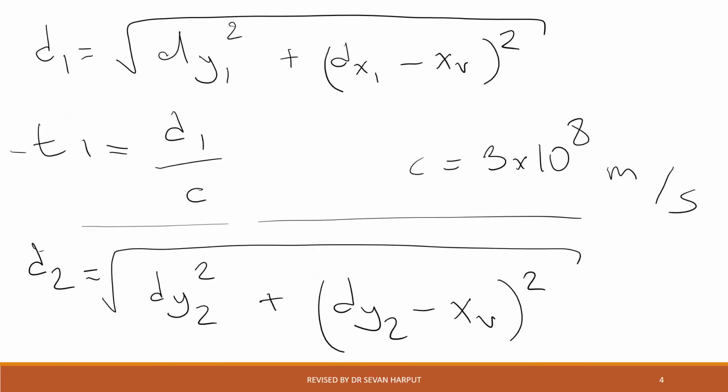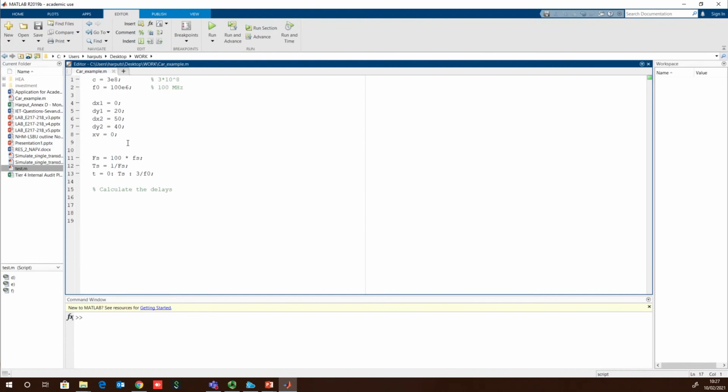I will just write down this equation exactly here. This should be straightforward. d1 equals square root of dy1 squared plus dx1 minus xv squared.